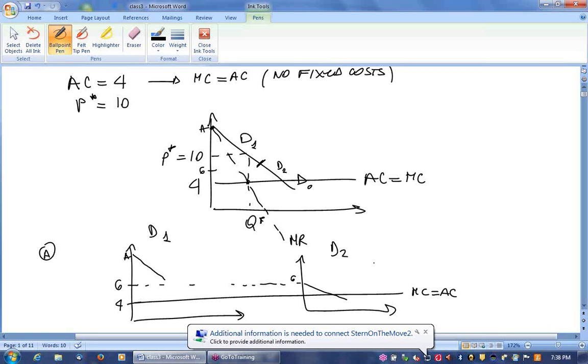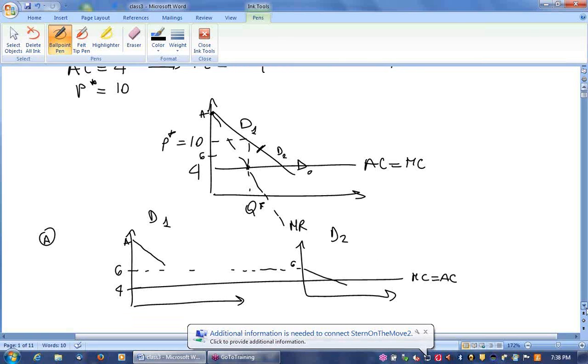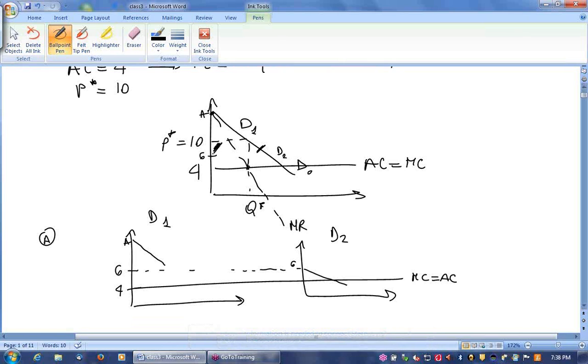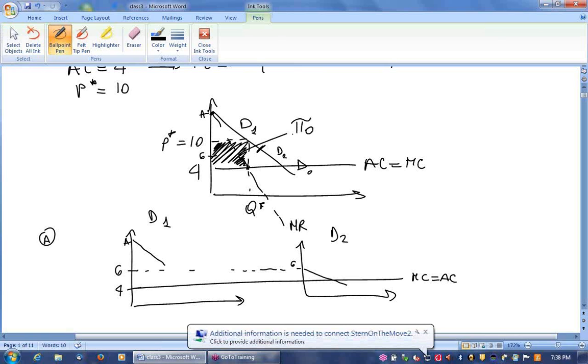So the profit under demand curve 0 in the first situation without the demand split is this area, pi 0. Whenever splitting the demand, the monopolist will earn more than pi 0, he wants to use the service.